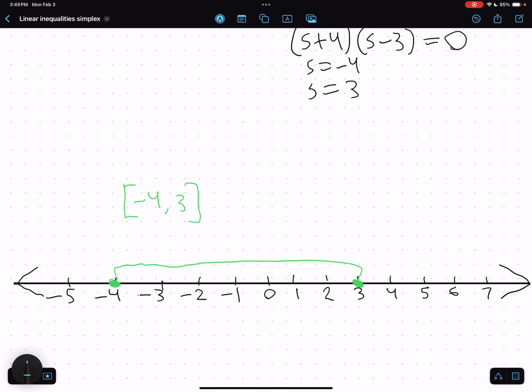That's why we have the closed circle on both ends. So this would be the same as saying negative 4 is less than or equal to s, which is less than or equal to 3. So we could stop right there and define this as our solution.